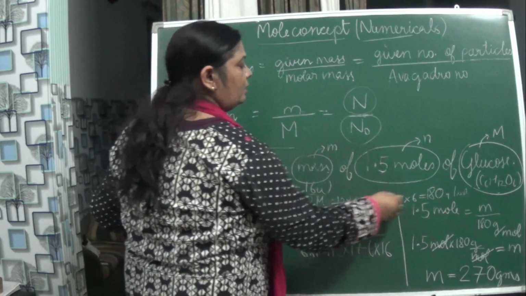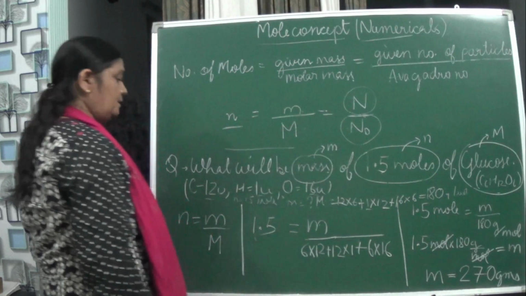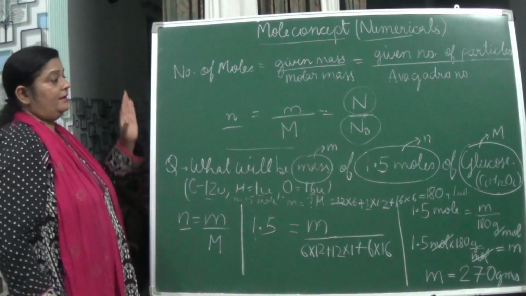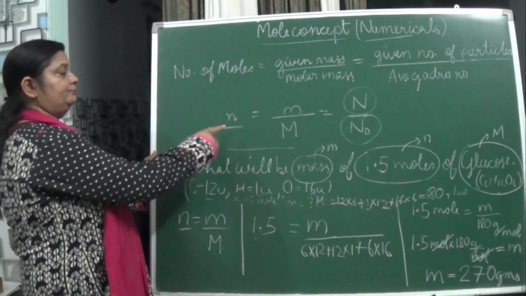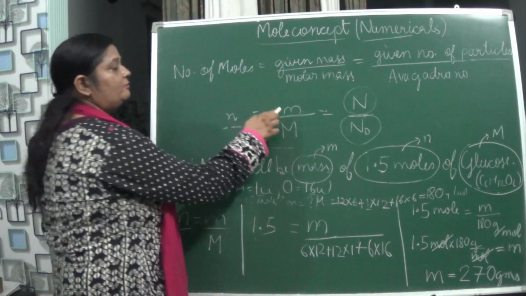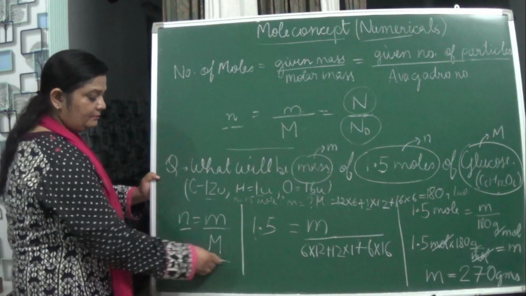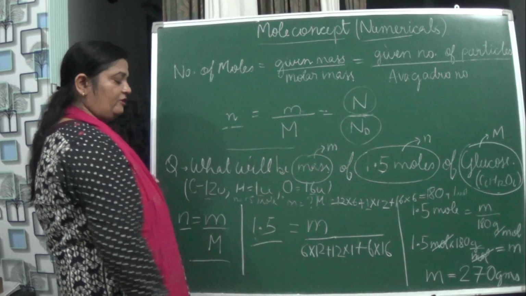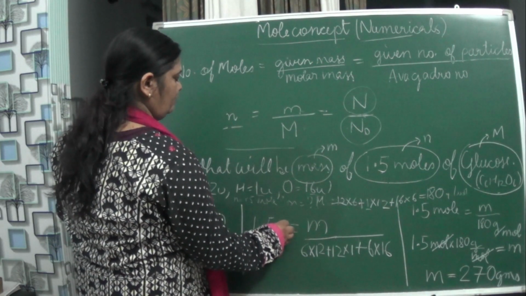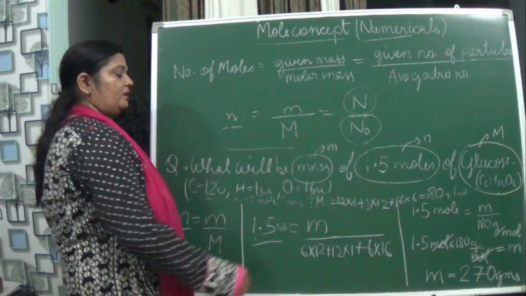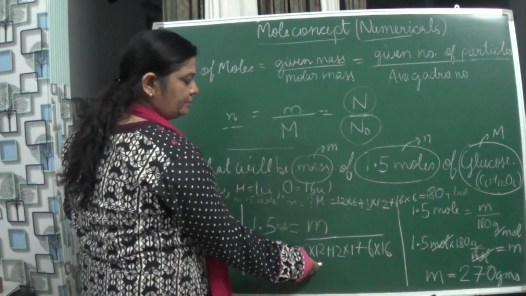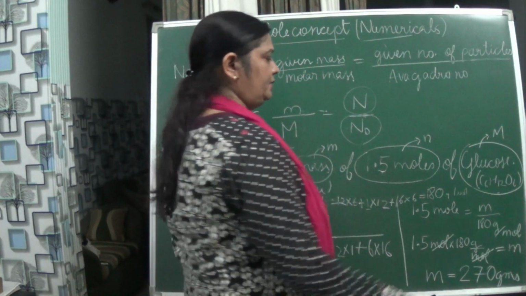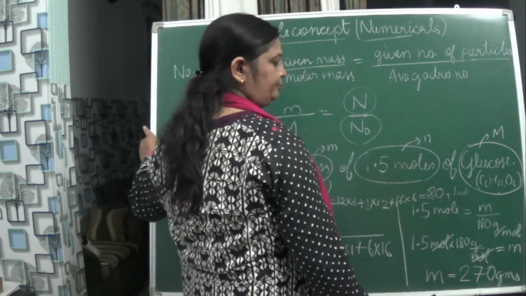How much is the mass of one mole? 180 grams. Now the formula has been provided to you: number of moles is equal to given mass upon molar mass. Putting the values, 1.5 mole equals given mass upon the molar mass, which we have calculated earlier, 180 gram per mole.